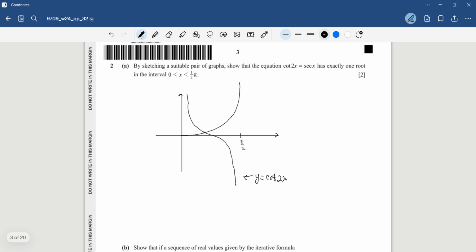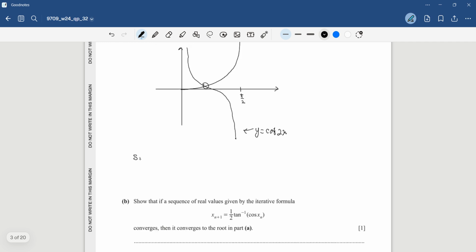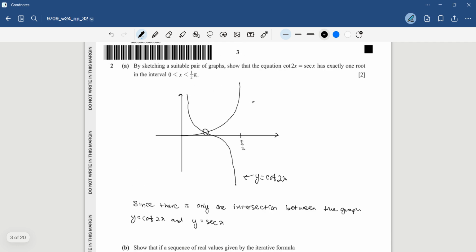Here you can see there is only one intersection point, so you can say, since there is only one intersection between the graph y equals cot 2x and y equals secant x, we label this y equals secant x.